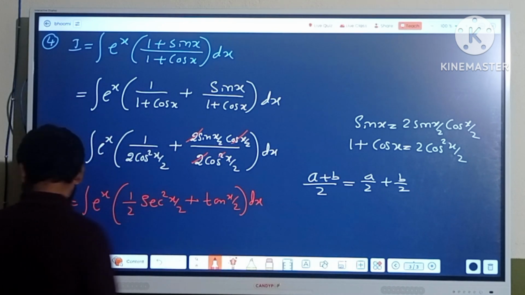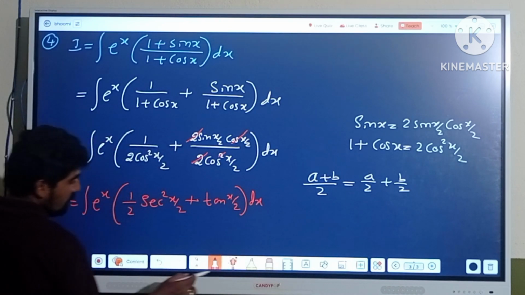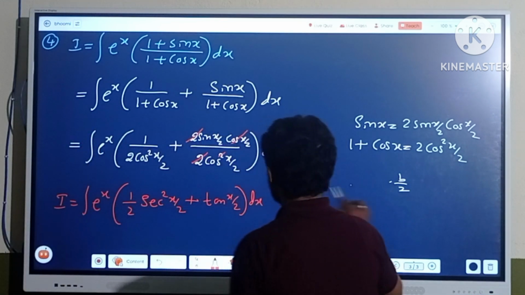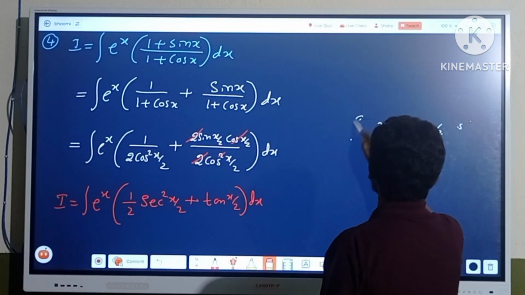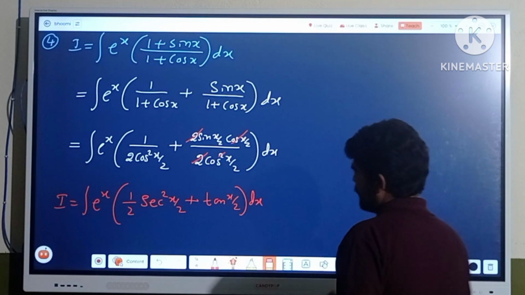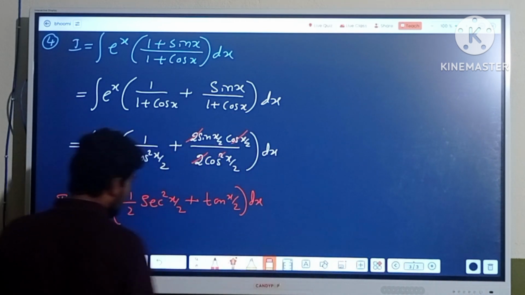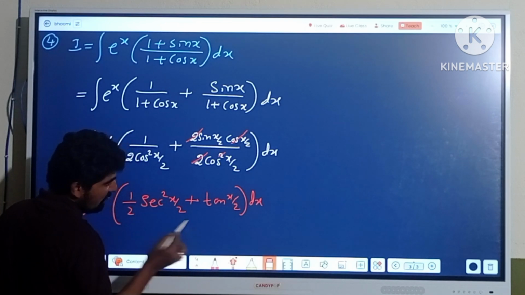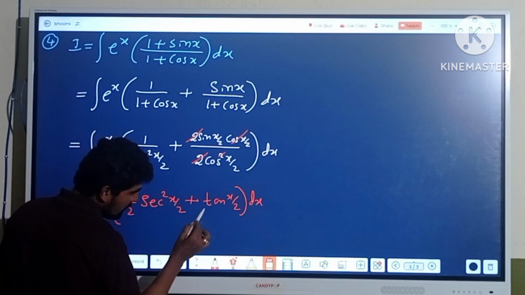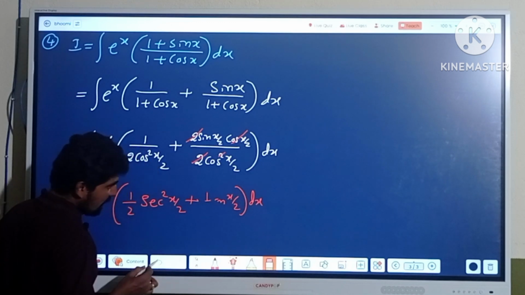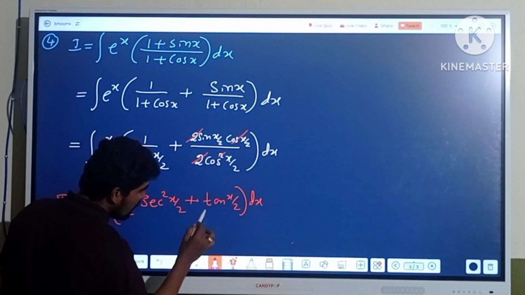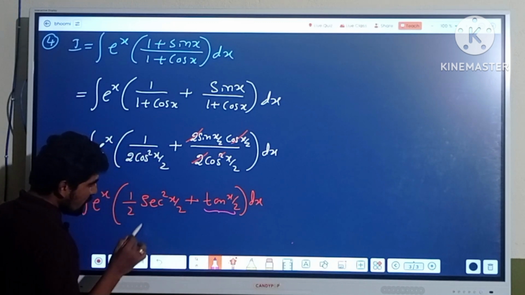Now observe here, integration of e power x into 1 by 2 secant square x by 2 plus tan x by 2. So if I deeply observe this integral problem, we know that the derivative of this tan x by 2 is what?